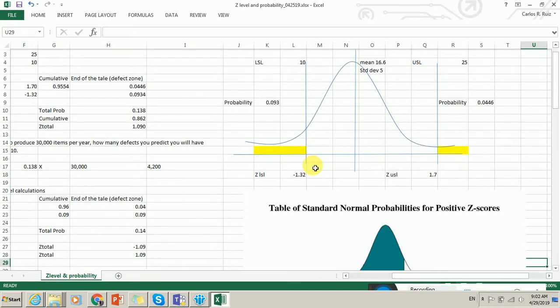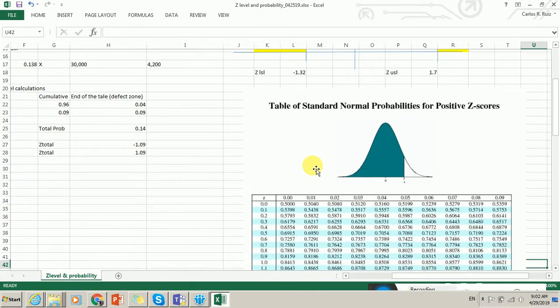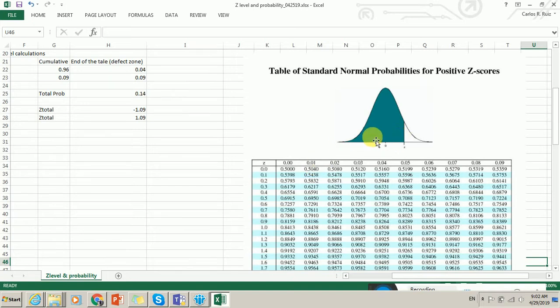Notice that this Z table will give me the opposite of what I want. This table gives probabilities from the left to the right, so compared to what I just explained, it's not going to give me the area that I want, but the area that I don't want. Still, I'm going to use that to calculate this white area, which is the one I'm interested in.